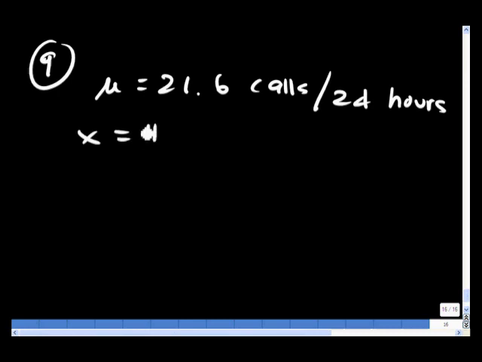Now, X is the number of calls, but they want to know the probability of getting a call in 1 hour as opposed to 24 hours. In other words, X is 1 for an hour time interval.